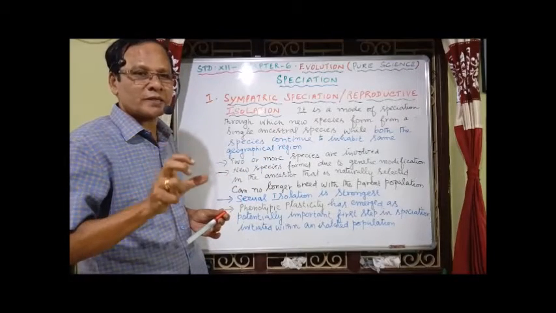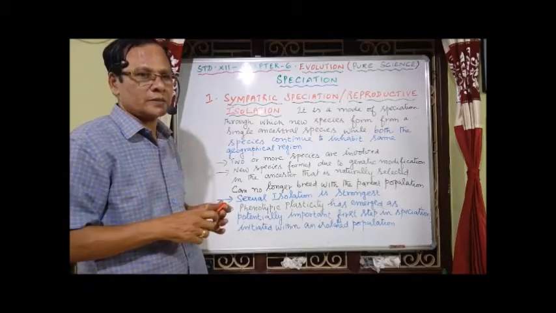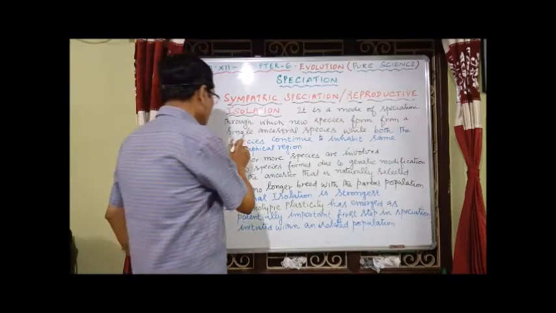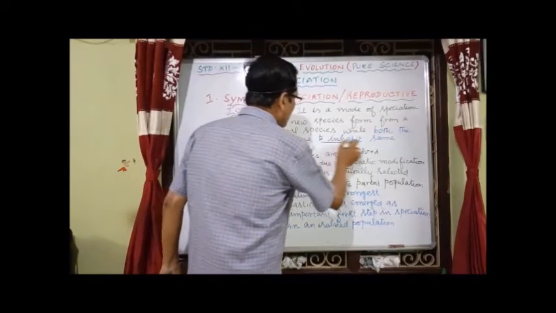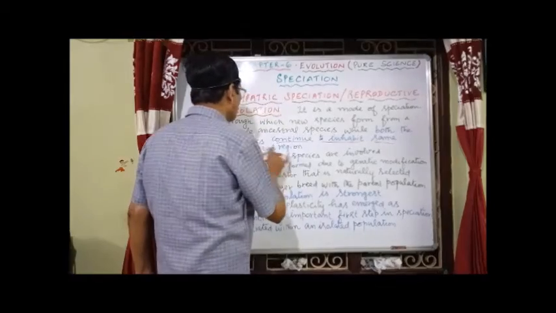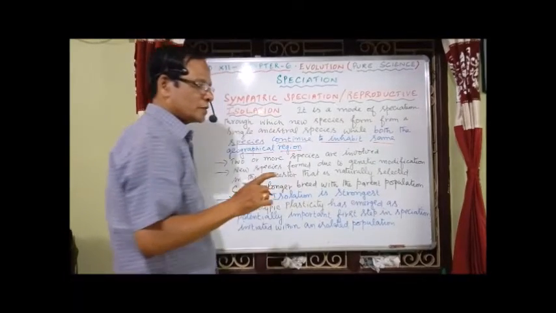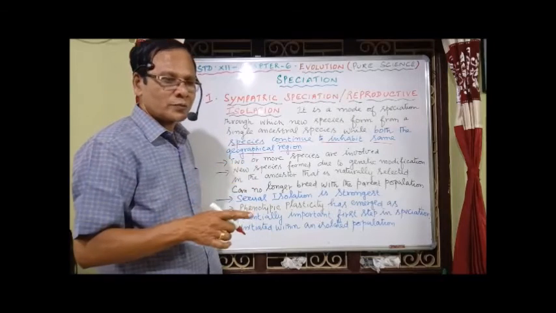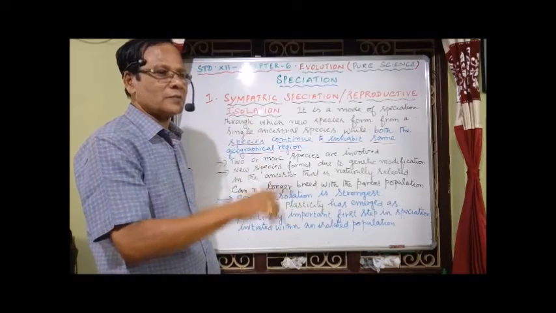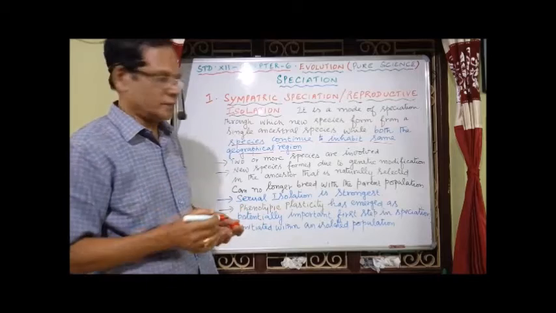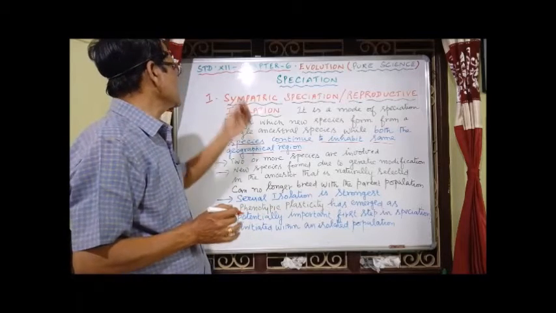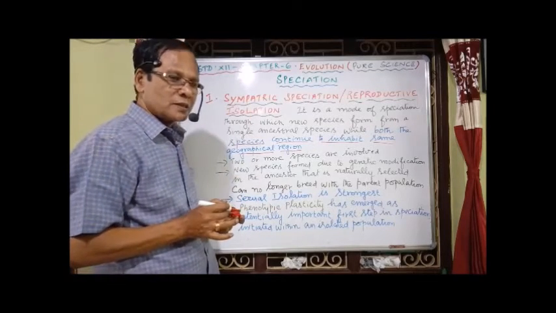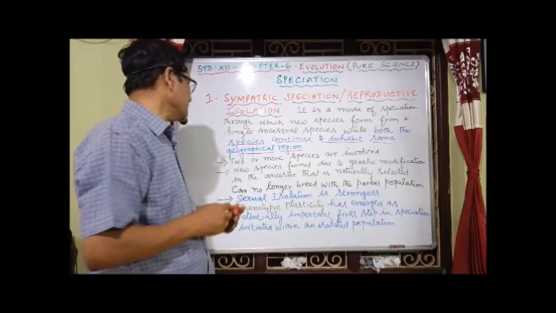That is called sympatric, living together in the same habitat. So one species evolves into another species, but both species after that formation live together in the same habitat but do not interbreed. That is known as sympatric species, and the phenomenon is called sympatric speciation.